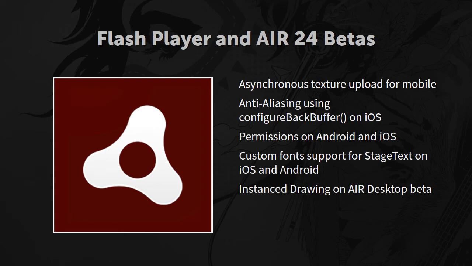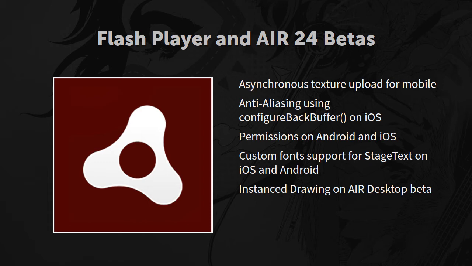Asynchronous texture upload for mobile. I know that's something a lot of people are really interested in who work in the Stage 3D area, some of the more technical people who are interested in Air. I love using the different frameworks like Starling and Feathers that are built upon Stage 3D, but if I had to do Stage 3D stuff myself, it's very, very difficult, and I wouldn't want to do it.